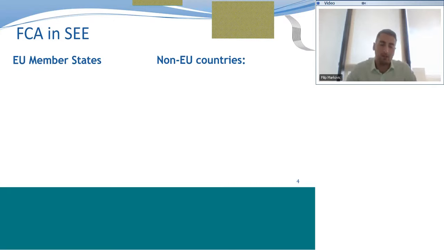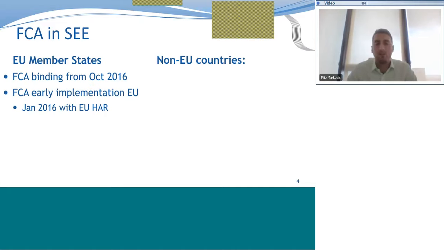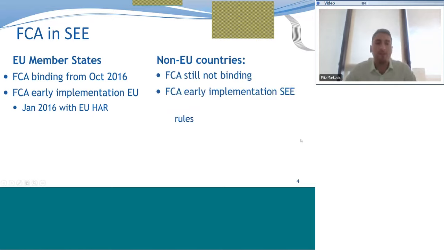In the EU, FCA became binding in October 2016. However, EU TSOs conducted early implementation of FCA by creating the European Harmonized Allocation Rules, which started their application in January 2016. As I said, within the Energy Community, FCA is still not binding, but TSOs from the region have followed the best practice from the EU and conducted early implementation of FCA also in Southeast Europe, which started its application in January 2018 with the SEE CAO Harmonized set of rules.